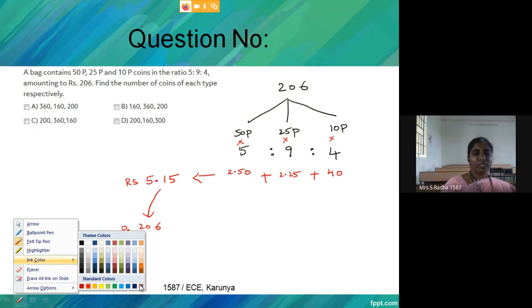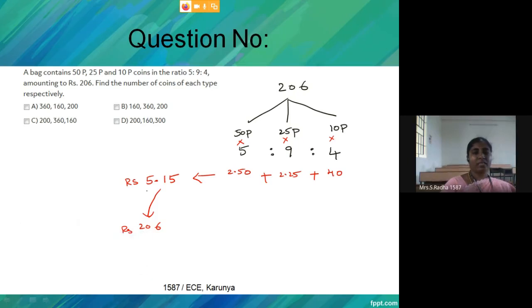When will 5 rupees 15 paisa become 206 rupees? 5 into 20 is 100, 5 into 40 is 200. If I multiply 15 paisa with 40, it becomes 206 rupees. So multiply the ratios with 40. So this is the total count.